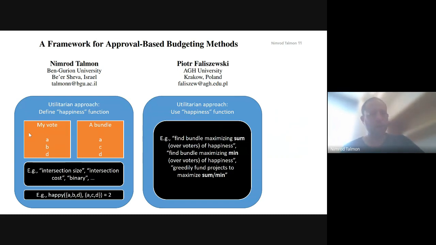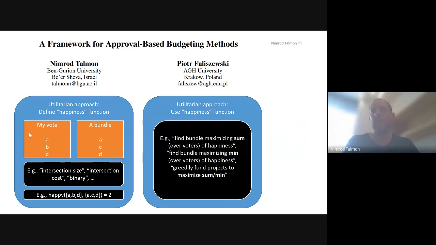And now what I want is to define the satisfaction or the happiness level of this voter from any possible bundle that the algorithm may output. Abstractly, the algorithm takes votes that look like this vote, aggregates them, and outputs some bundle. Now look at all of the 2 to the number of projects bundles that are possible for the algorithm to output.